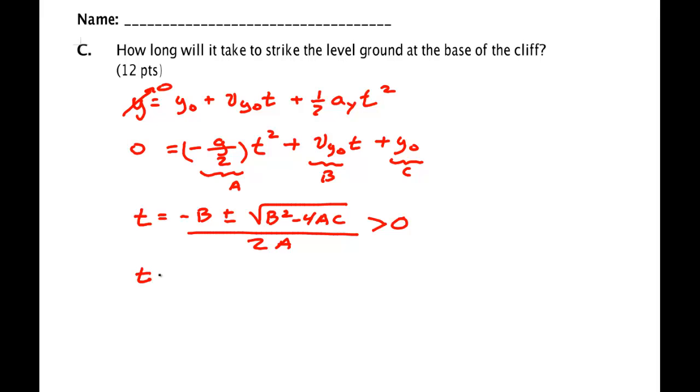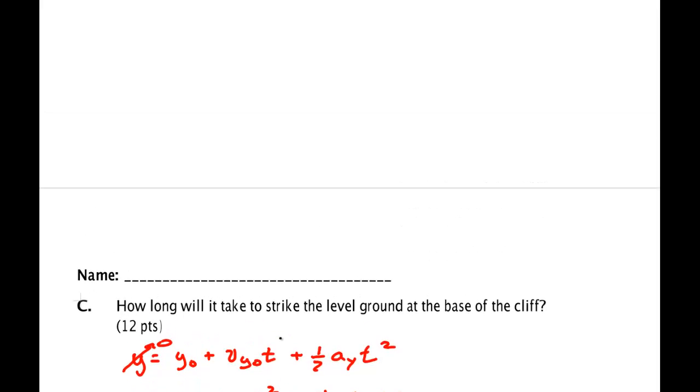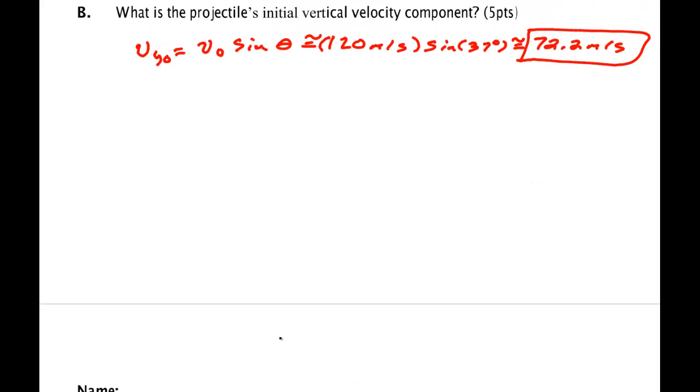When we put that in and take the only root that meets that criteria, we get t equals Vy naught plus the square root of Vy naught squared plus 2g y naught, divided by g. We put our numbers in there: 72.2 meters per second, which I believe is what I had previously up here. Let's see, yes, that's correct.